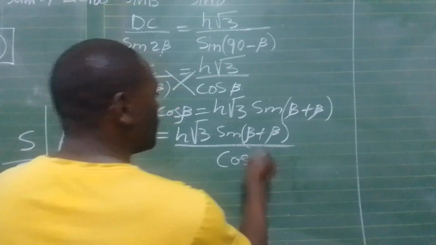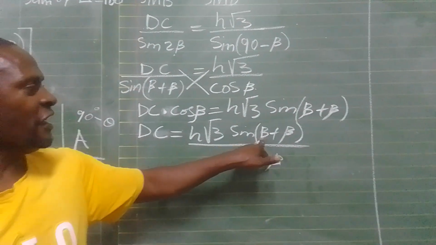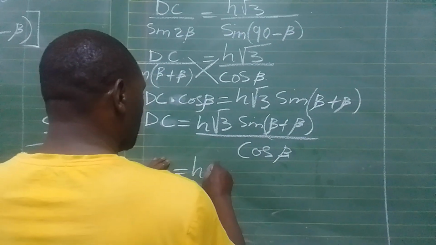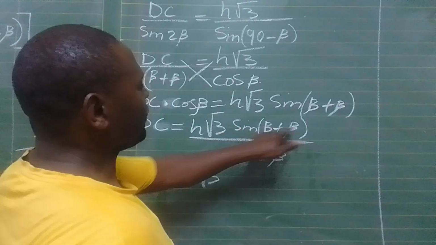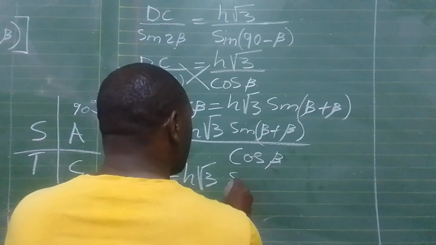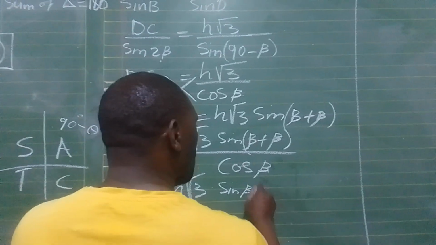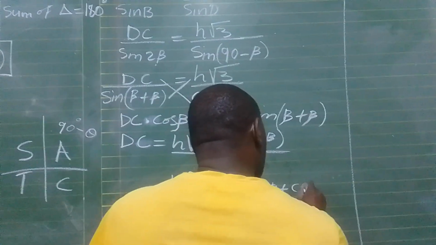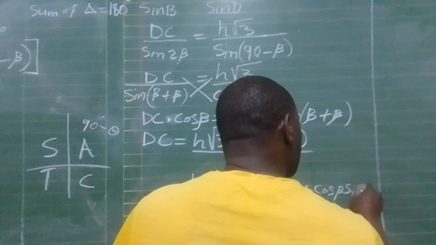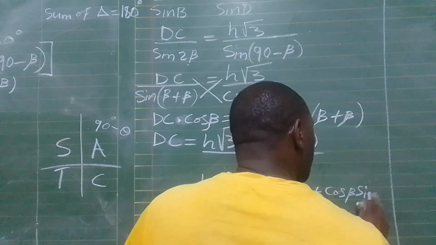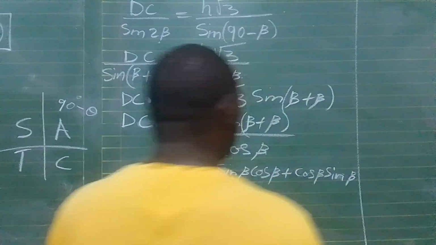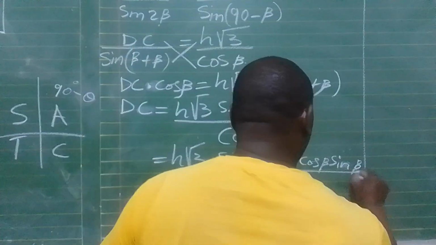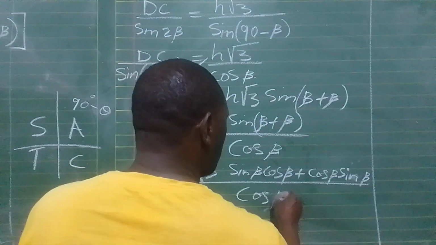Now, sine of beta plus beta is the same as sine beta cos beta plus cos beta sine beta, all over cos beta.